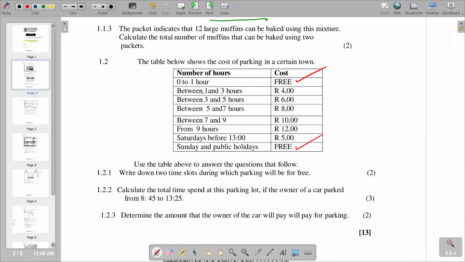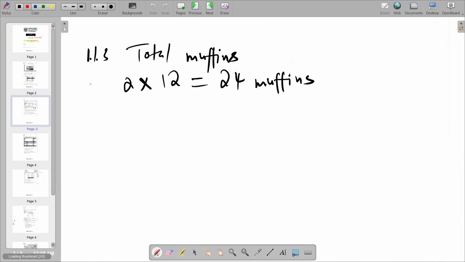So we have 0 to 1 hour. That's when the slot is free, and then we have the part that is written Sunday and public holidays. So basically, the first slot is 0 to 1 hour, and the second slot is Sunday and public holidays.